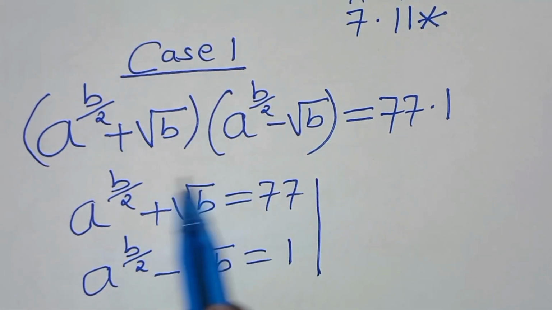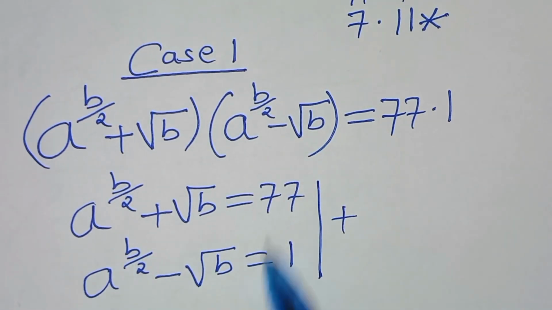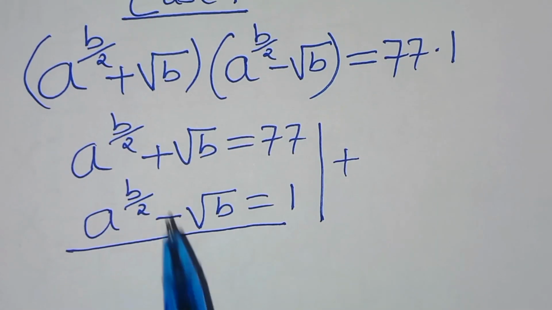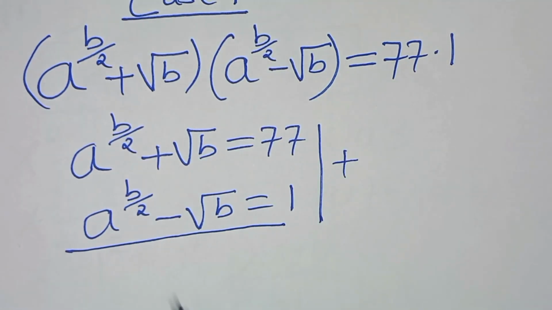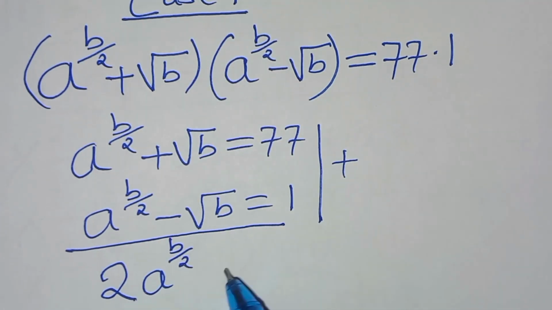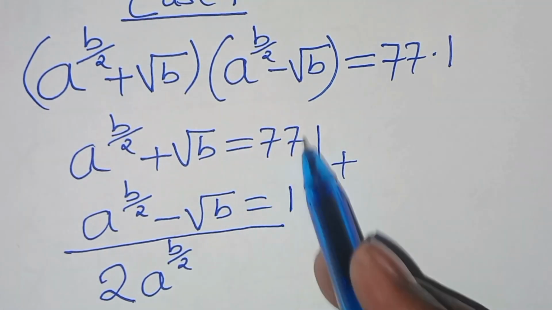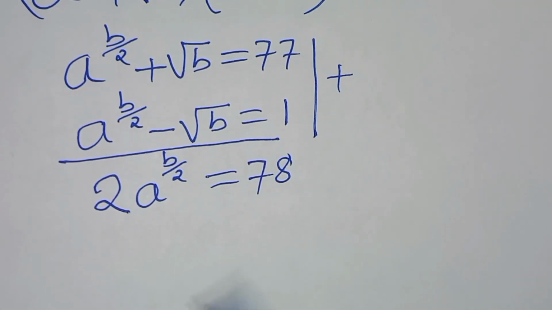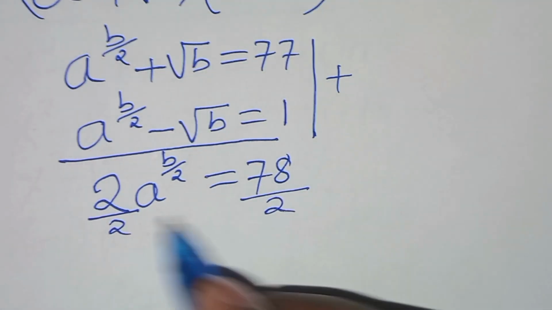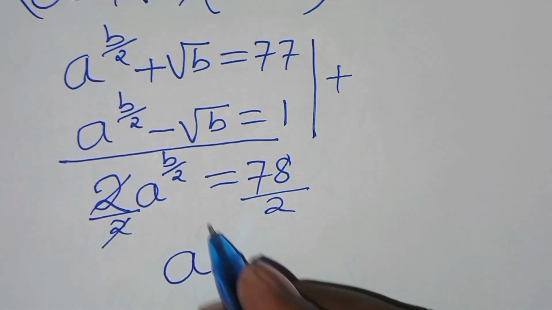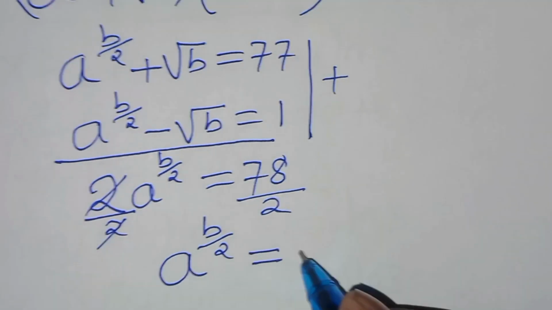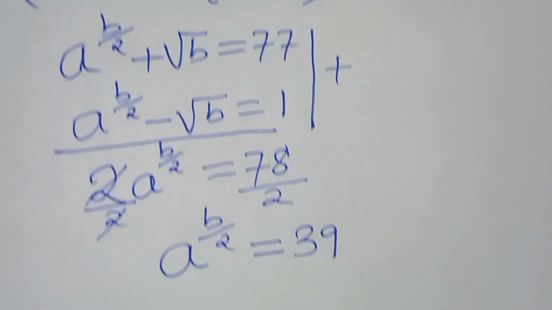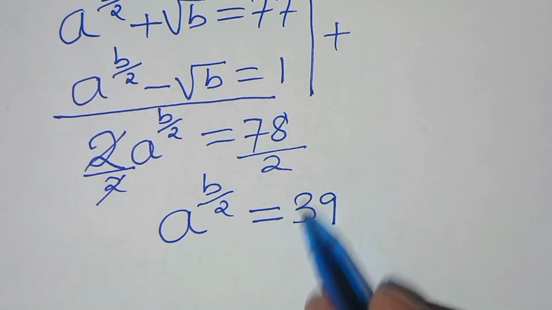So now this is a system of two linear equations. So let's add these two equations. Now a to power b over 2 plus a to power b over 2 is actually 2a raised to power b over 2. Now square root of b plus negative square root of b cancels, and 77 plus 1 is equal to 78. Now let's divide both sides by 2, so that a to power b over 2 is equal to 39.